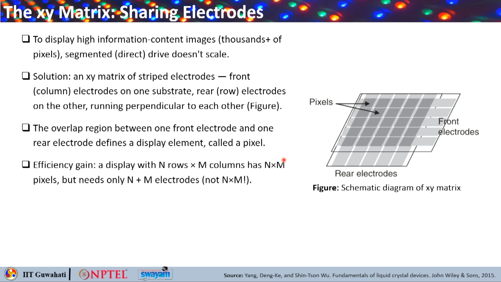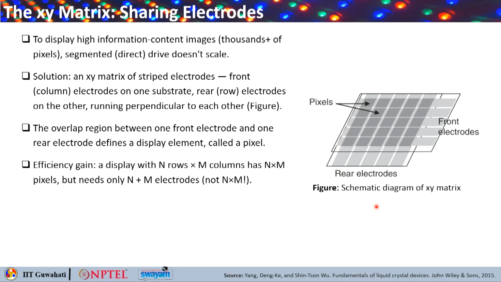So in the case of having, say, n rows and m columns, altogether you can have n cross m number of pixels, but you don't require that many electrodes, you just require n plus m electrodes, not n cross m. That is where you save a lot of electrodes, and that gives you a practical solution.